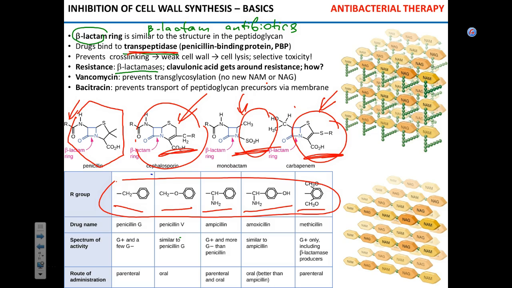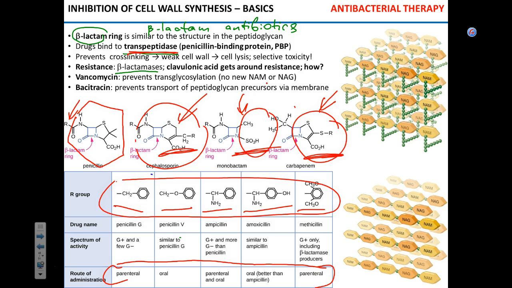Look at the difference of activity. They have different spectrum of activity. Does that make sense? They have different route of administration. And let me tell you, different microbes have different resistance to those.